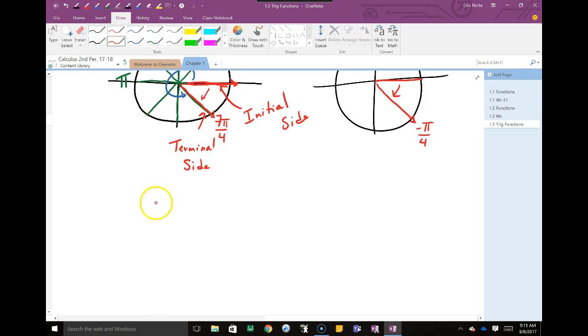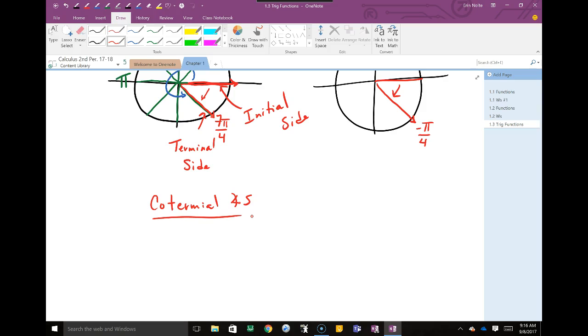So you need to know how to find coterminal angles. First of all, what's a coterminal angle? Explain it to me. Angles that have the same terminal side. But maybe we took a whole different revolution to get there.